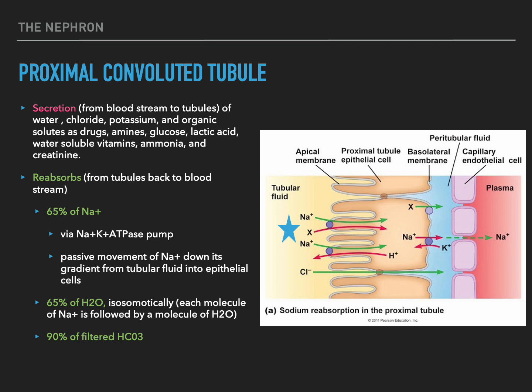You'll notice from the slide that there are a lot of things that are secreted at this area from the bloodstream to the tubules, and I wouldn't say you need to memorize these, but you can see that there is a vast number of substances: water, chloride, potassium, different drugs, proteins, acids.